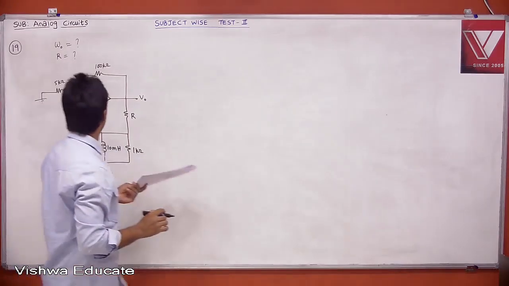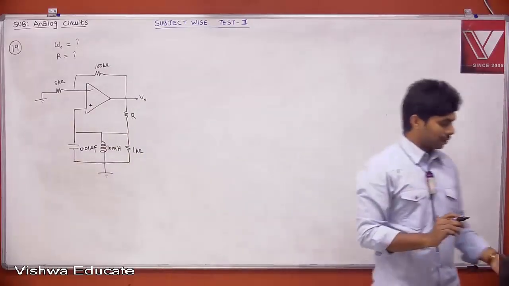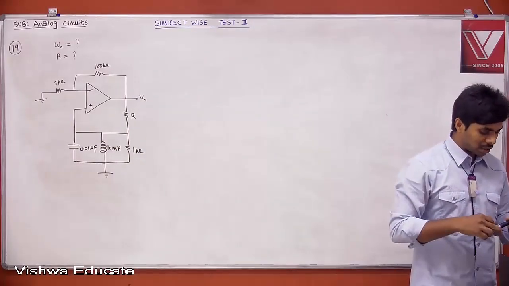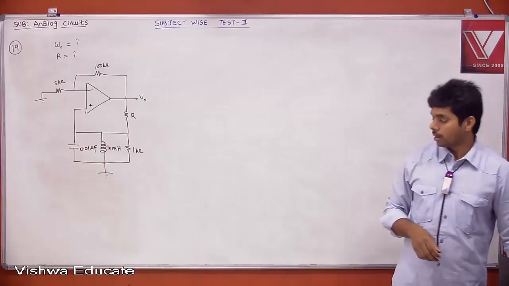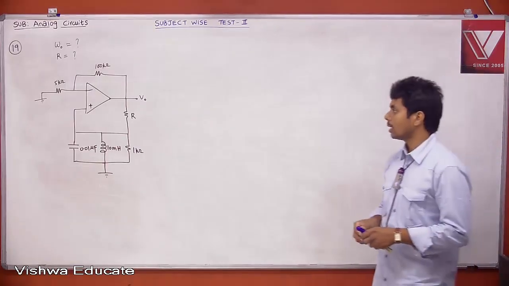Now indirectly we need to find the resonant frequency, and to get sustained oscillations, the value of R. That is what we need to calculate.